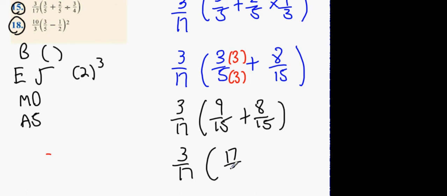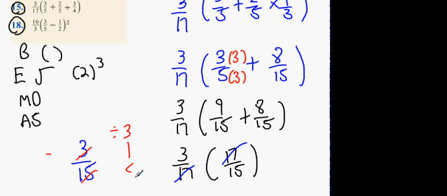And now, how do I finish this off? We can cross off 17 and 17 to 1 and 1, and 3 and 15 will cross off. We divide the top and bottom by 3. We're going to get 1 over 5. The answer is a fifth.